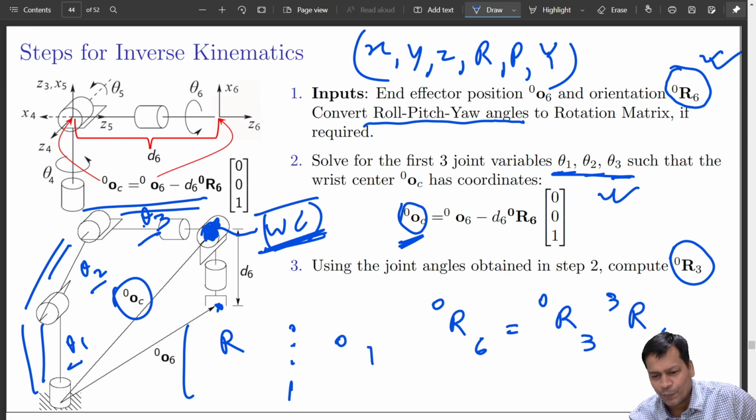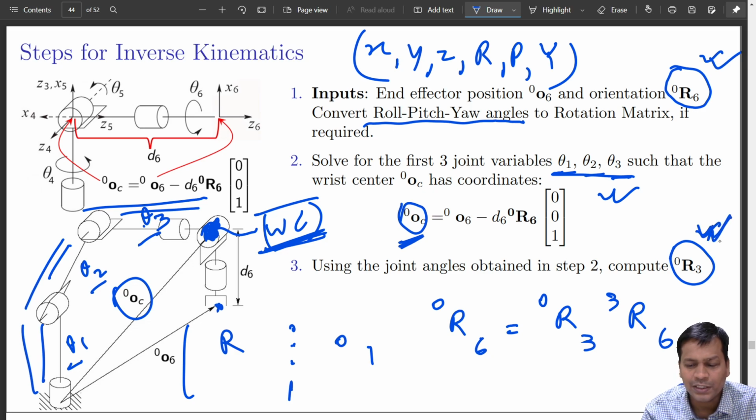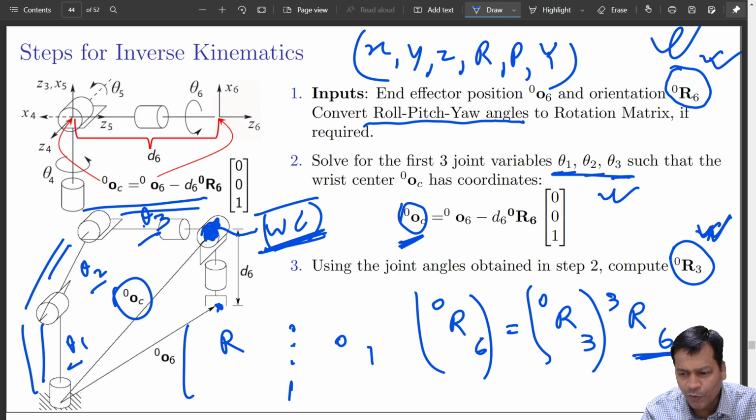Yes or no? Yes. Okay. So now using theta 1, theta 2, theta 3, I can obtain the rotation matrix 0R3 using forward kinematics. This is given over here as an input.